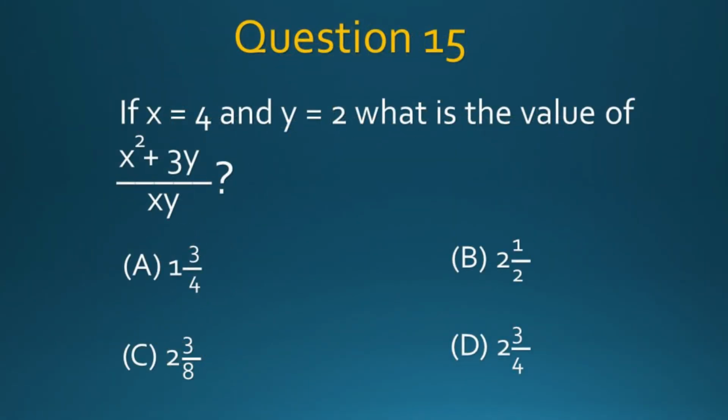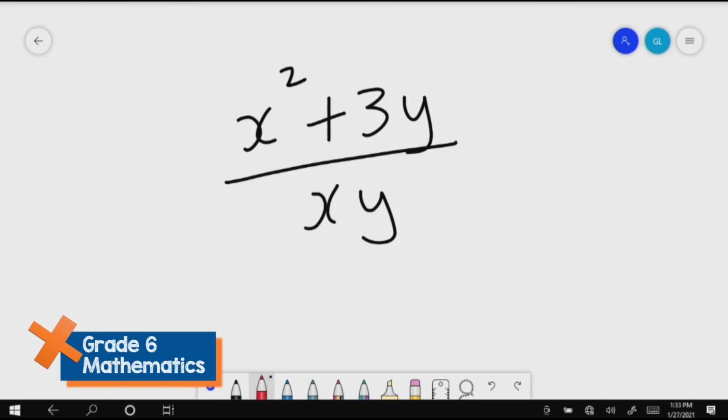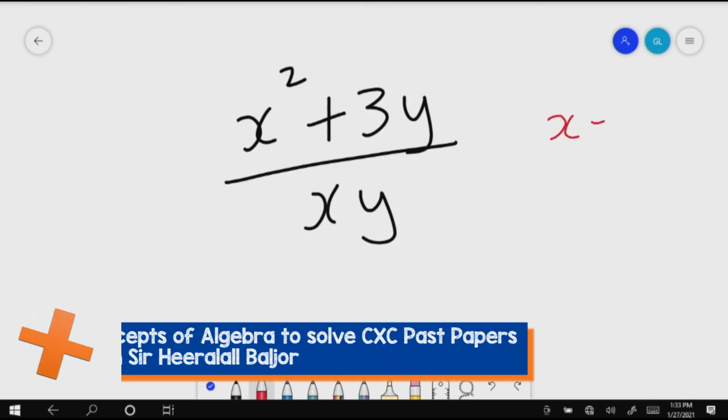If x equals 4 and y equals 2, what is the value of x squared plus 3y divided by xy? Now they give us values of x and y. They tell us that x equals 4 and y equals 2.